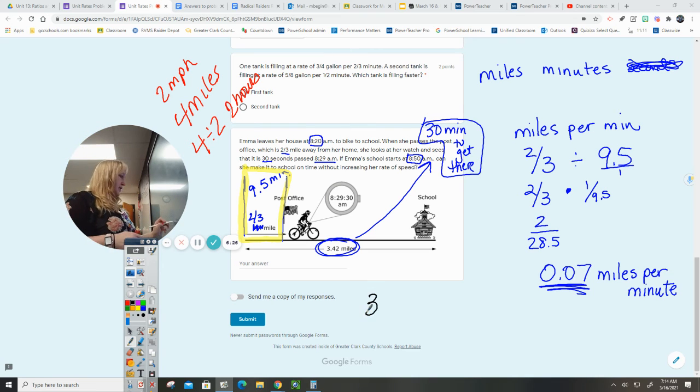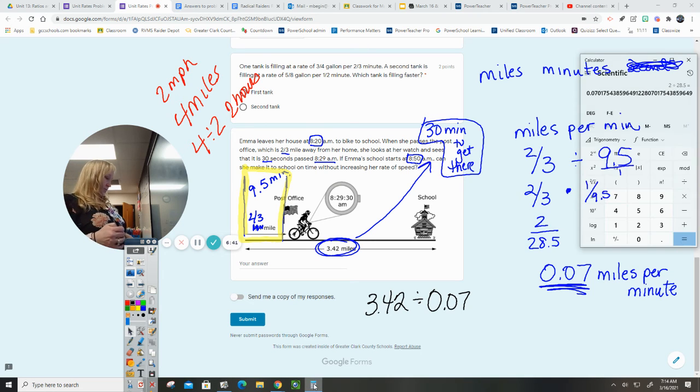That's what you're going to do here. You're going to do the 3.42, how far she has to go, and you're going to divide it by how fast she's going. This is why we get to use a calculator. So 3.42 divided by 0.07 equals 48.